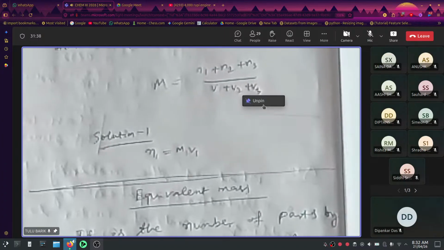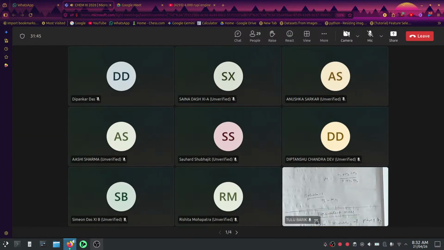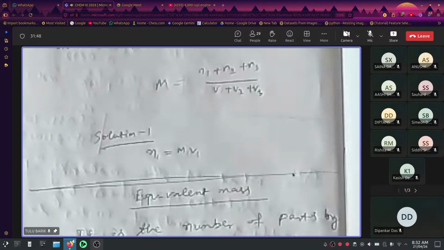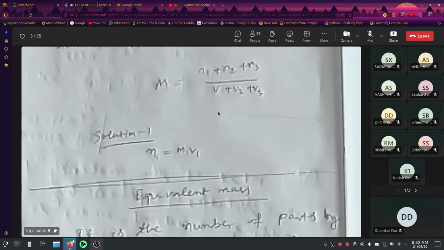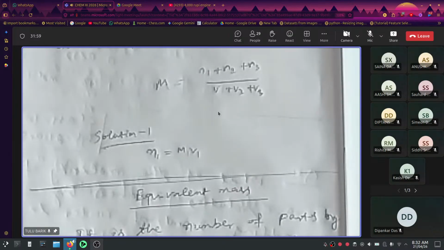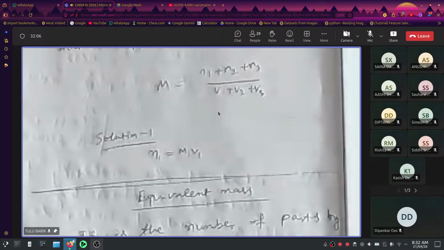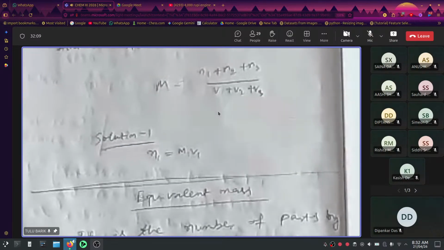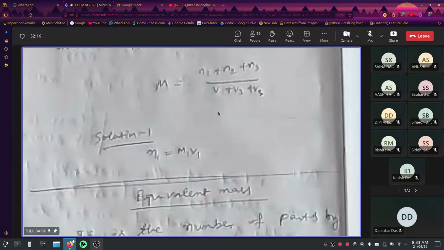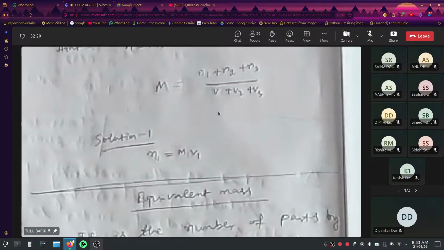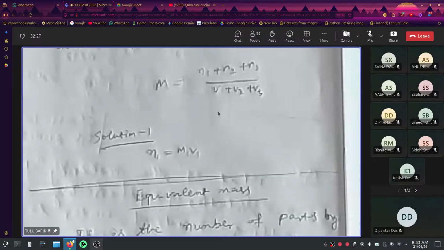Is it coming now? Yes, sir. 8 parts by mass of oxygen, 35.5 parts by mass of chlorine, or 108 parts by mass of silver. Note down the definition and I'll explain.